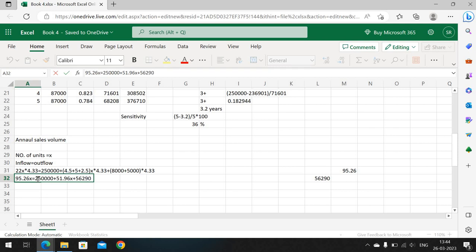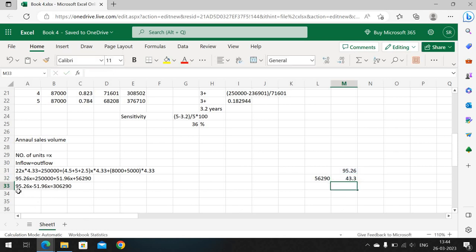Again 95.26x minus 51.96x is equal to 2.5 lakhs plus 56,290, 3 lakh 6,290. 95.26 minus 51.96 is equal to 43.3x, is equal to 3 lakh 6,290.